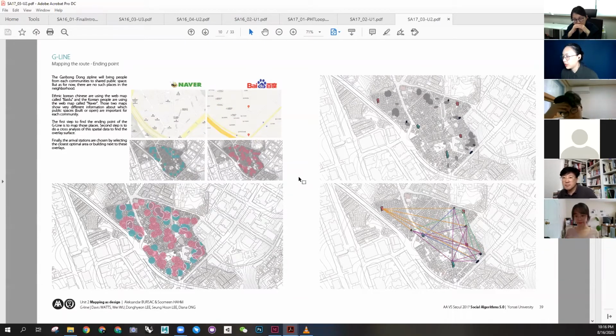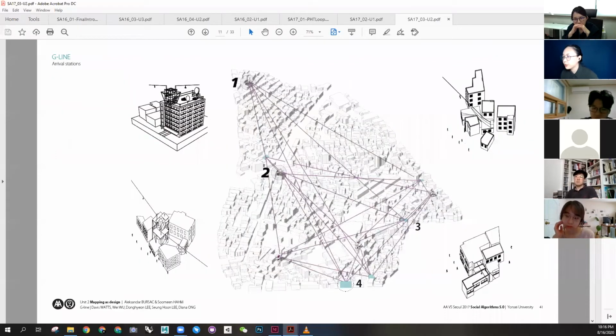So using this zip line, they tried to let these two different groups of people mix or come together into one area. They were analyzing different data, and they found that Naver Map and Baidu Map have different information, which also means that these two different groups of people might want to go to different places. And that was also used in one of their decision-making trials.